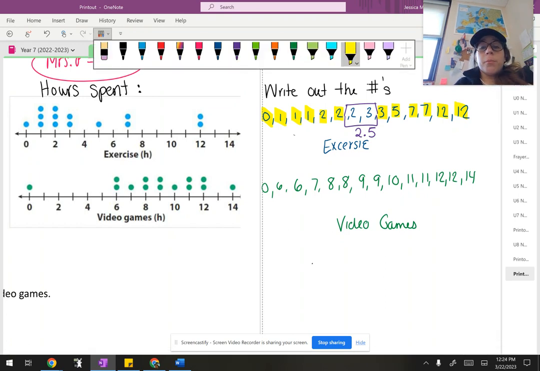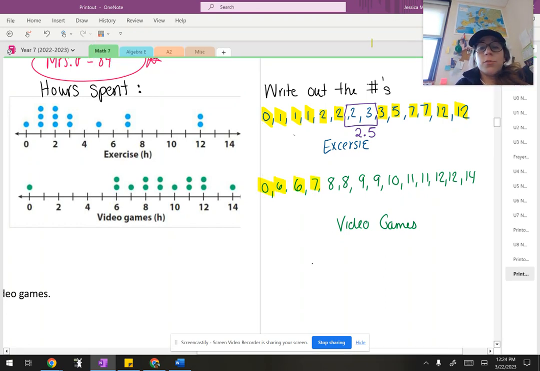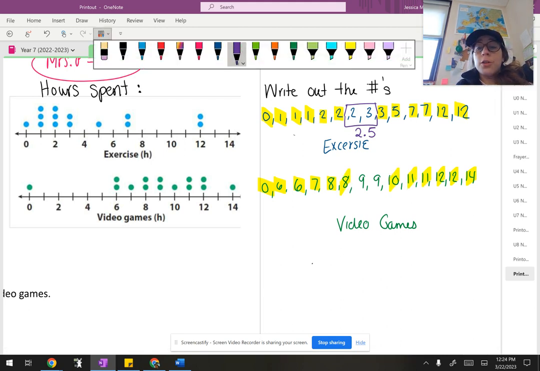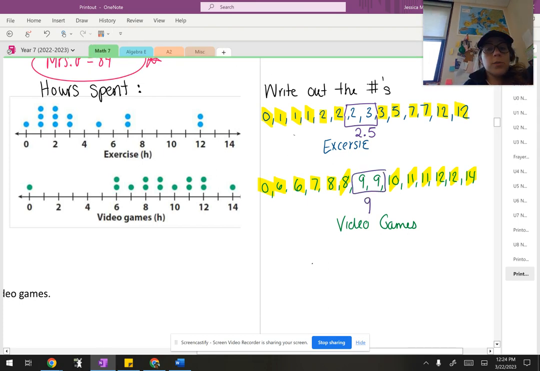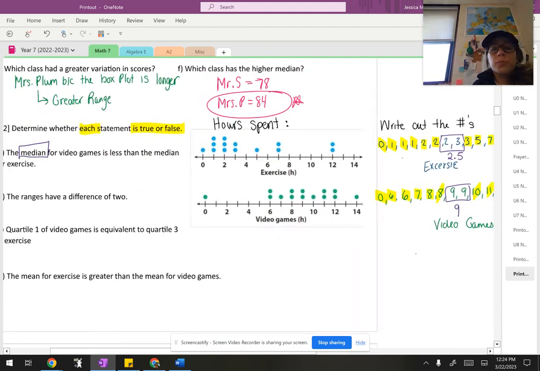Same thing for my video games. 4, 5, 1, 2, 3, 4, 5, 1, 2. And this one's also nice. 2 9s in the middle. 9 plus 9 is 18. 18 divided by 2 leaves me with 9, shockingly enough.